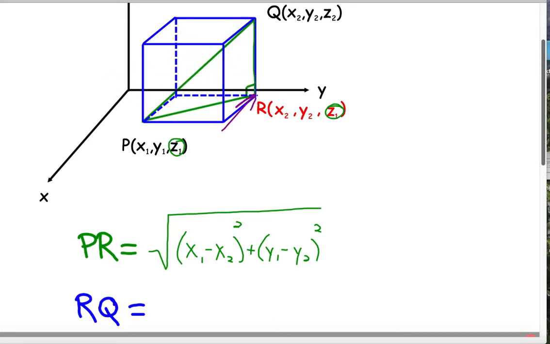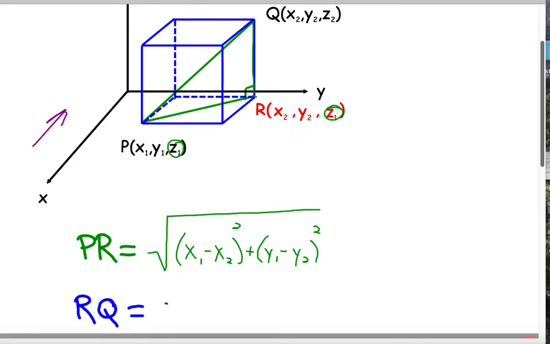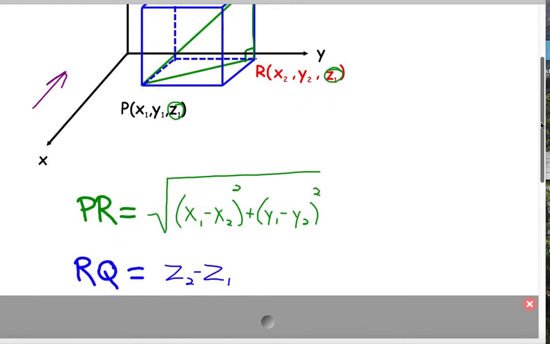So to find the length of this, I just have to subtract my z numbers, because the x and the y numbers are the same. So it's just going to be z sub 2 minus z sub 1. Okay, so that's the length of our Q.